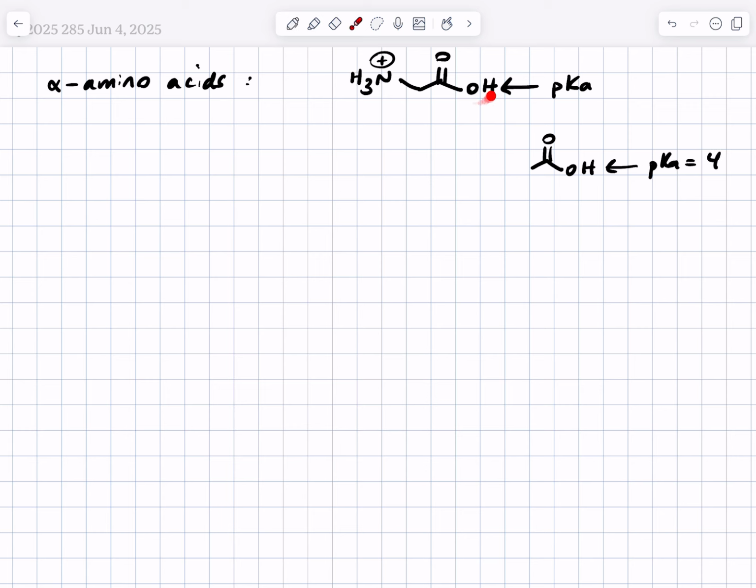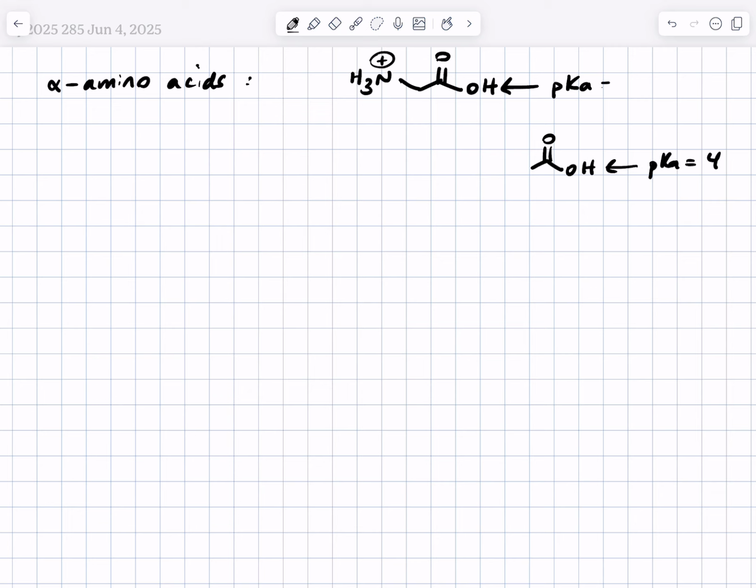It turns out that the pKa of this carboxylic acid is a little bit lower than you would expect because of the presence of the nearby electronegative nitrogen that tends to pull electron density away from the carboxylate, making the conjugate base more stable and making the proton not held on as tightly.